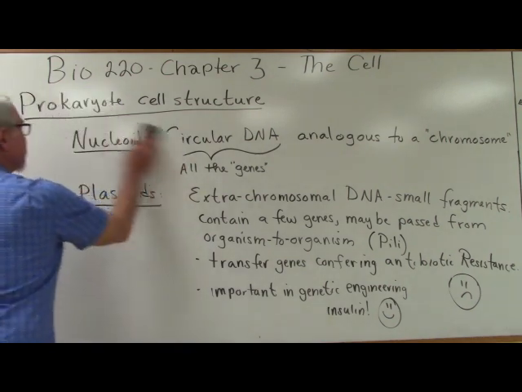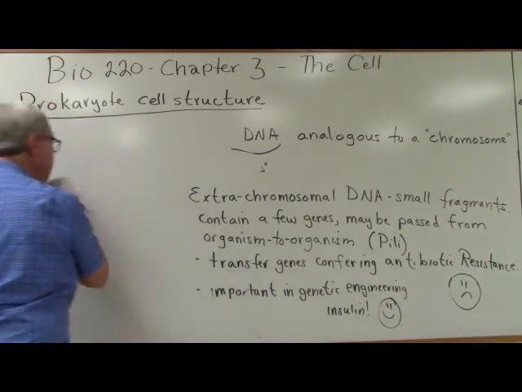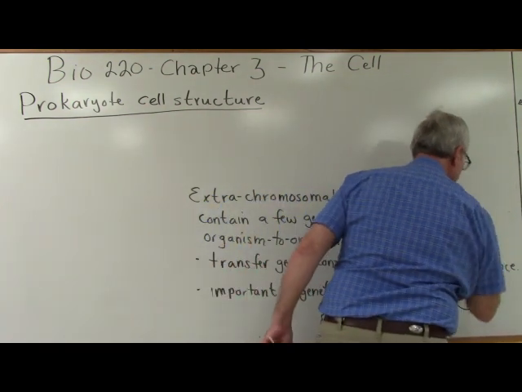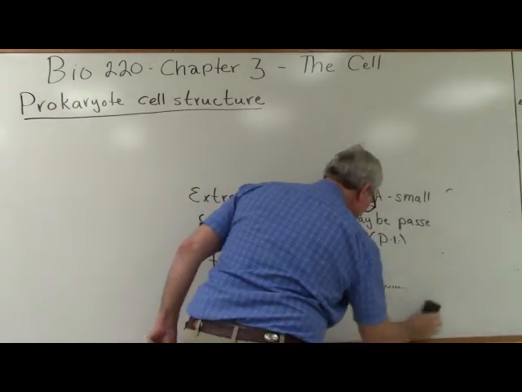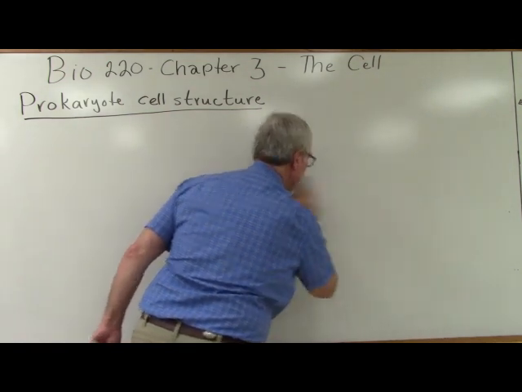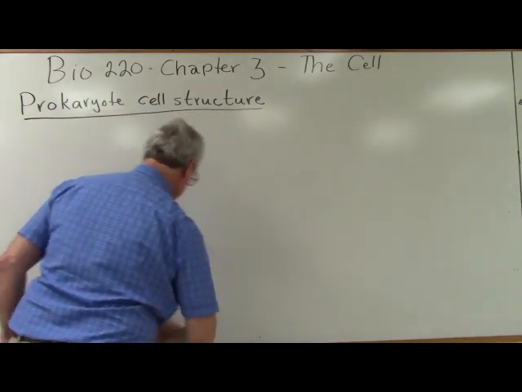All right, the next important structure that you should know about is not found in all bacteria. It's only found in certain gram-positive rods or bacilli, and they're called endospores.